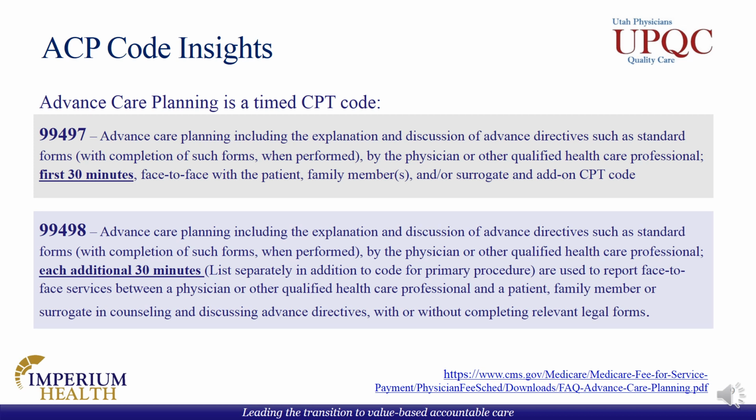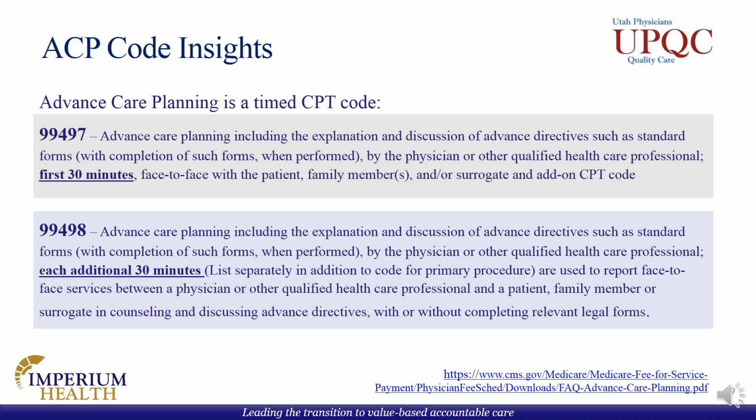A few tips on coding for advanced care planning: there are 2 specific codes, and they're meant to be building off of each other, but not used interchangeably. So it's not quite like the transitional care management visit where it's one or the other. If you have a conversation that would qualify for that first bucket, meaning the first 30 minutes, it would be the 99497.